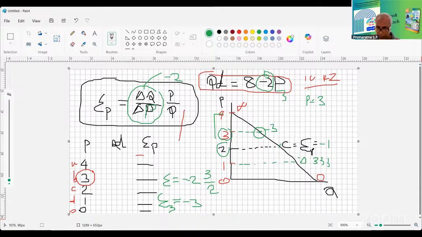In order to increase your revenue, what is the best option: increase the price or decrease the price?